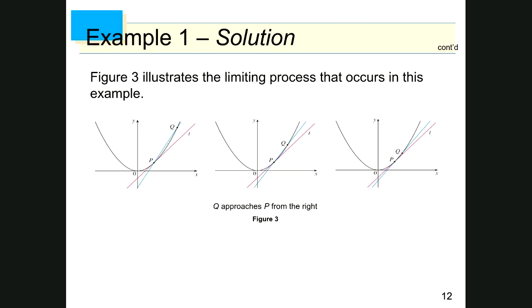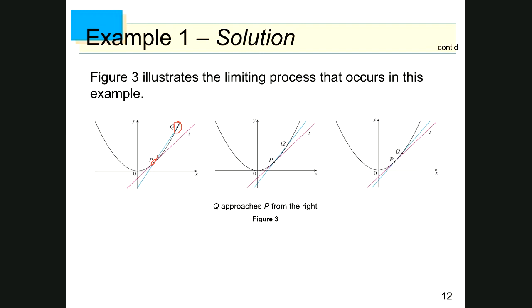Now let's visualize this diagram. See what happens. This second line PQ, the one that looks bluish, if I move this point Q closer and closer to the point P, notice that the second line actually gets closer and closer to this line T, which is our tangent line that we're looking for.